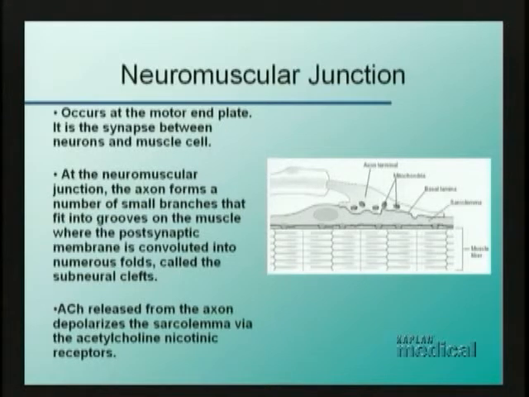At this neuromuscular junction, the synaptic cleft is thrown into a series of subneural clefts or folds, and this area is where acetylcholine is released from the axon terminal of the motor end plate and interacts with nicotinic cholinergic receptors on the postsynaptic membrane.